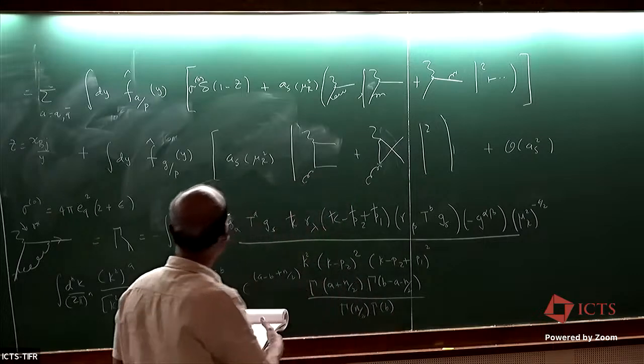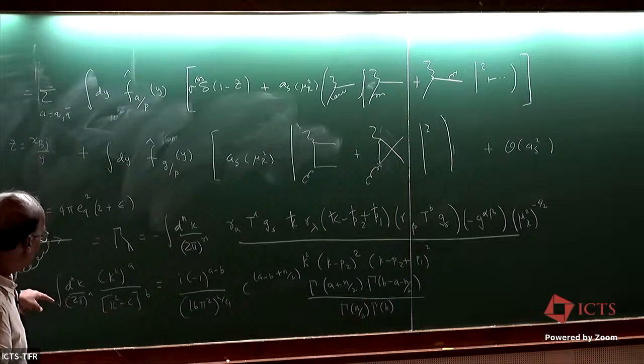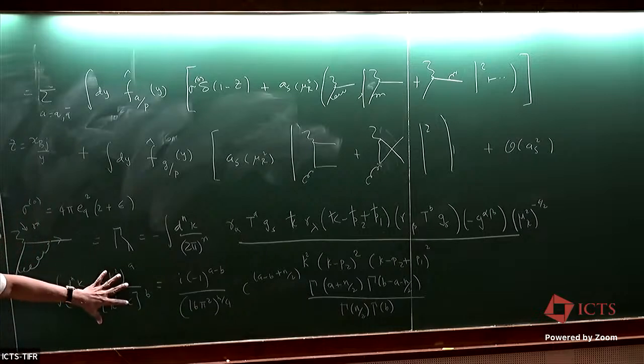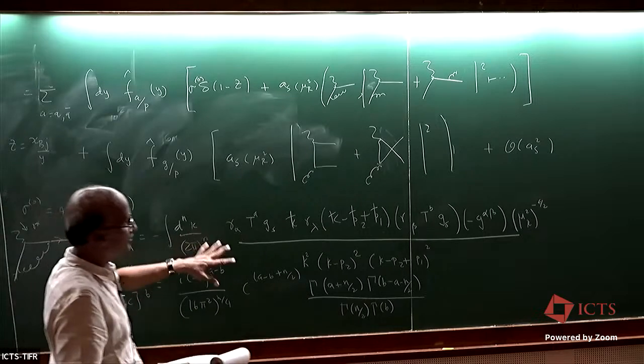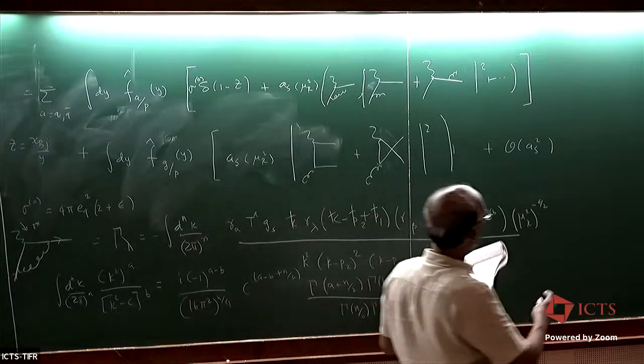Okay, if I use Feynman parameterization to do this integral, I will end up with a simple scalar integral. If you substitute that scalar integral, you get an answer which is something like this.